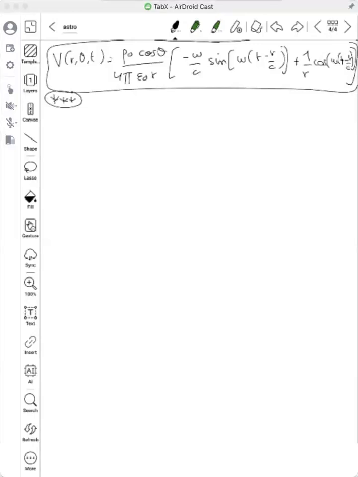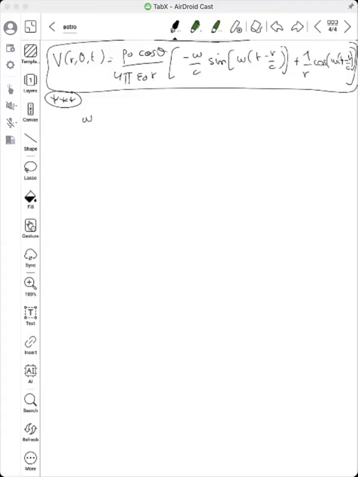And before we do a third approximation that will help us write this in an even simpler way, this is not good enough yet for what we want. I remind you that what we want is to show that the potential is going to have the shape of a wave. It's not quite good yet, but before we add another approximation, let's think about the physics meaning of this.